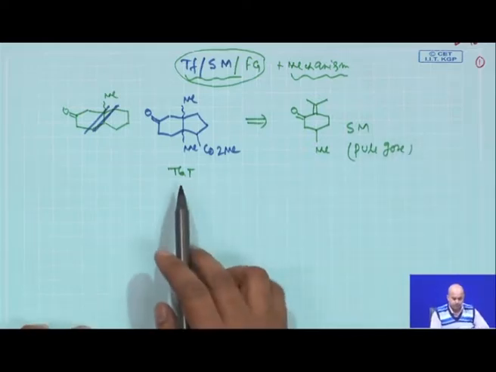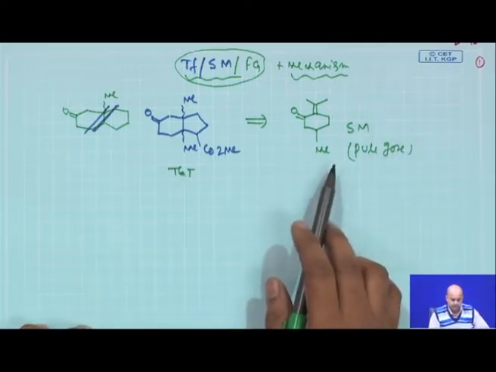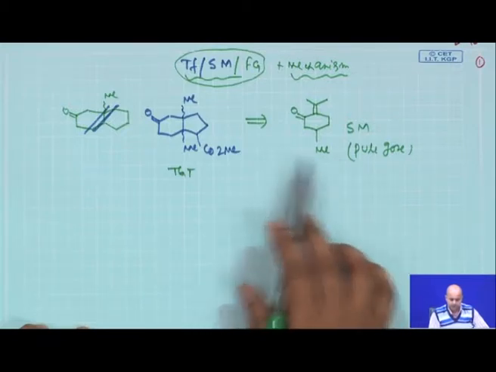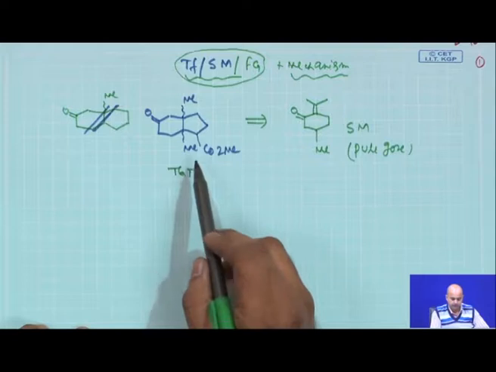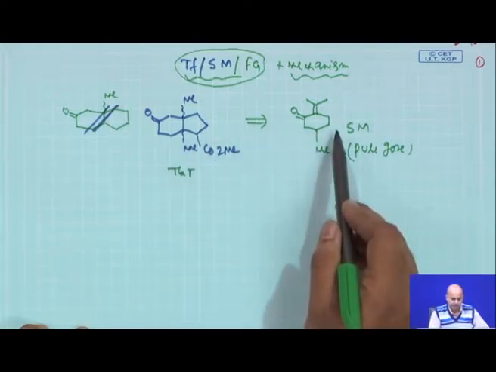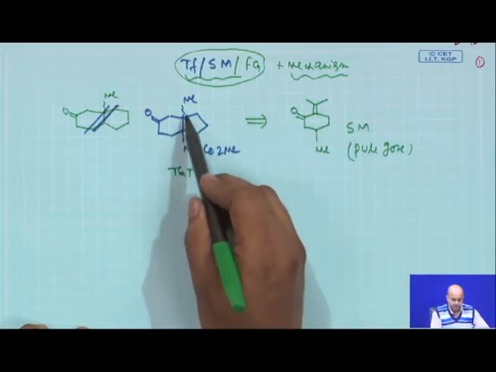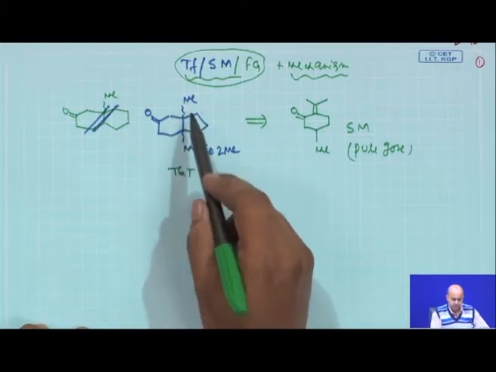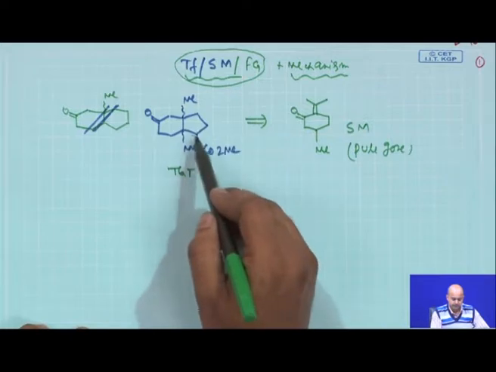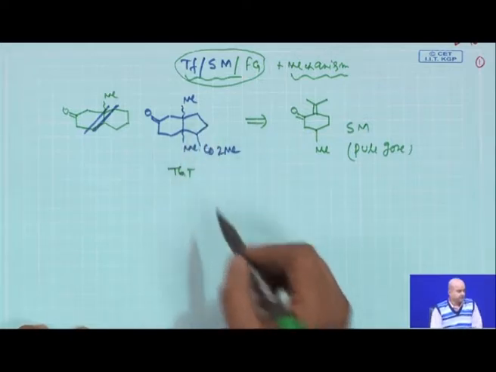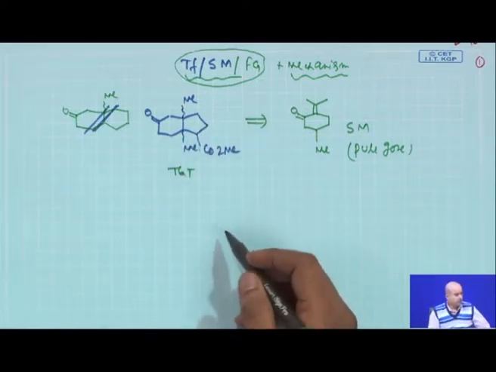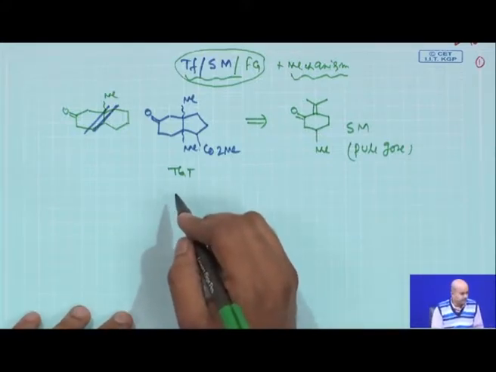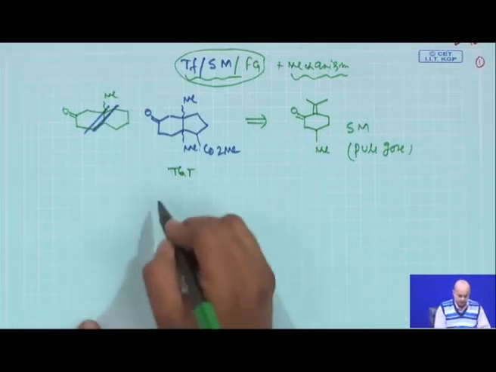Now, if you see the target and the starting material, initially it will be a little bit difficult scenario, because in this target an extra functional group like methyl has to be introduced, 1 methyl extra, then CO2Me, and you have to form the ring. So, then you may think that okay, it is probably a different ball game altogether.